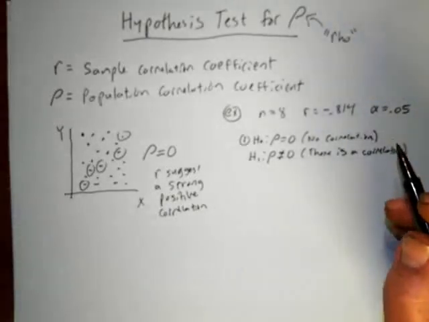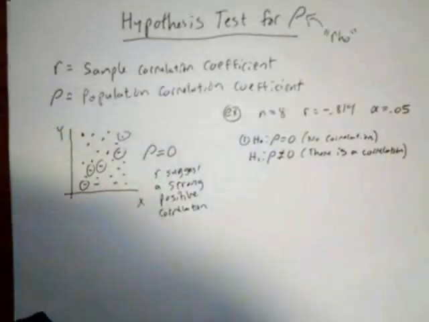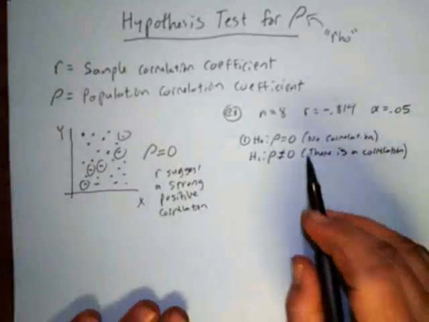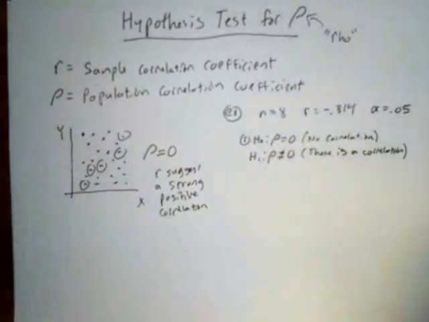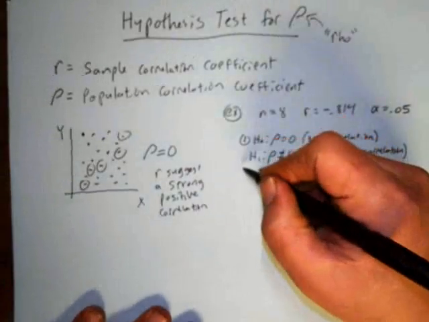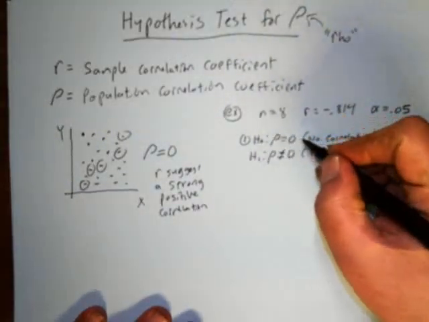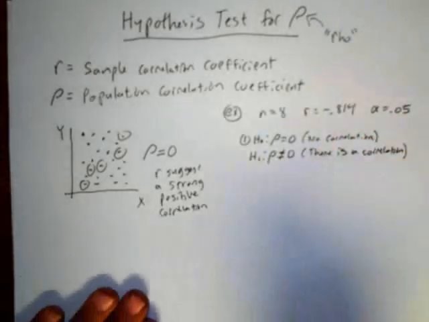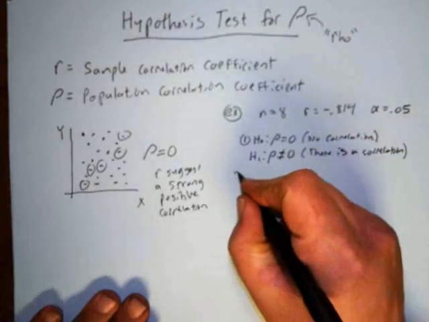The nice thing about this test is that because it's a two-tailed test and H naught is always rho equals 0, this is always going to be the hypothesis. It will always be H naught: rho is equal to 0, H1: rho is not equal to 0. And it'll always be a two-tailed test.